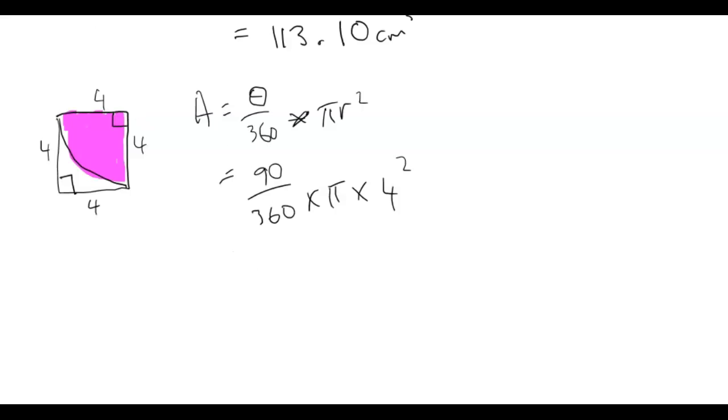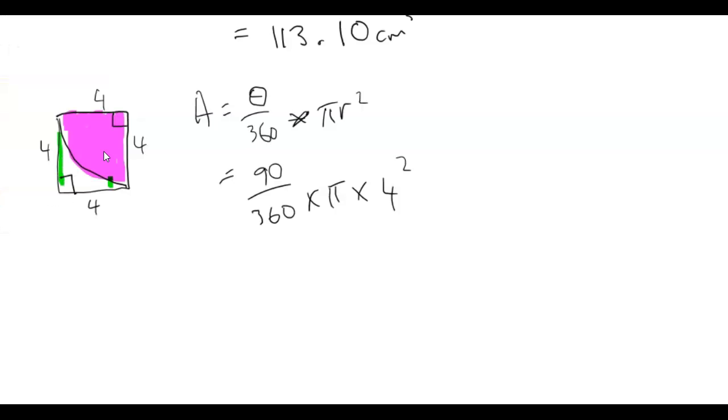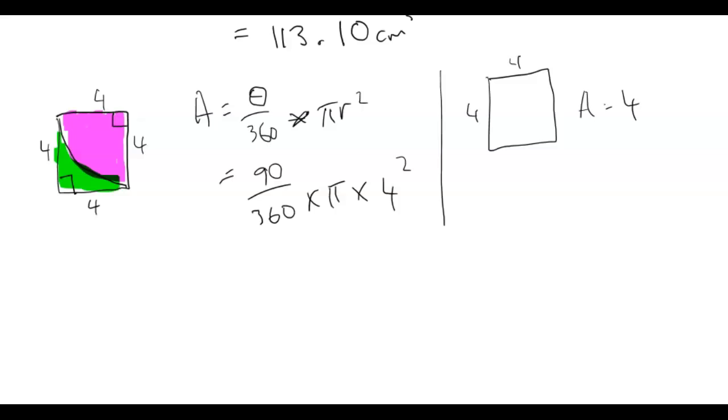Now the other section was this green, the constant cross section, which I'm going to colour in green again. So it's not a triangle. I know I said triangle before, but I'm used to, in year 11 at the moment, we're doing trigonometry. So for that whole square, I need to take the area, so it's going to be 4 squared, which is 16.